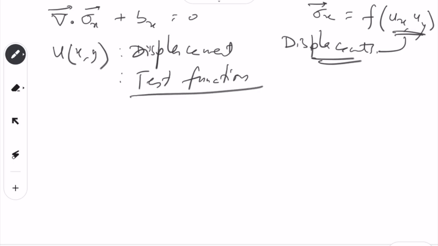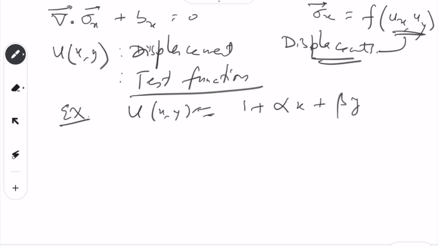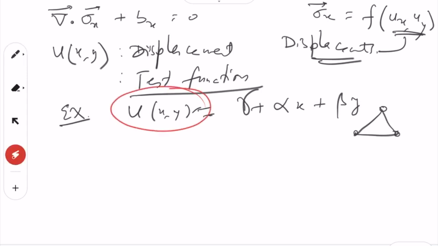We will come back to it later. For example, u xy equal to gamma plus alpha x plus beta y. We have 3 variables to be found out, so it will be suitable for a 3 noded element.